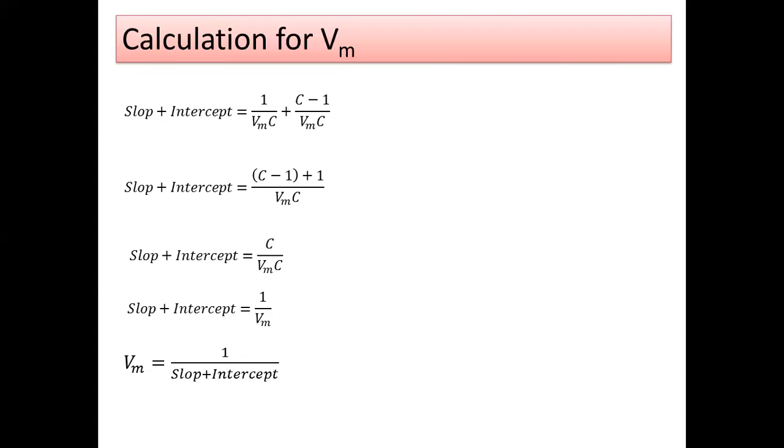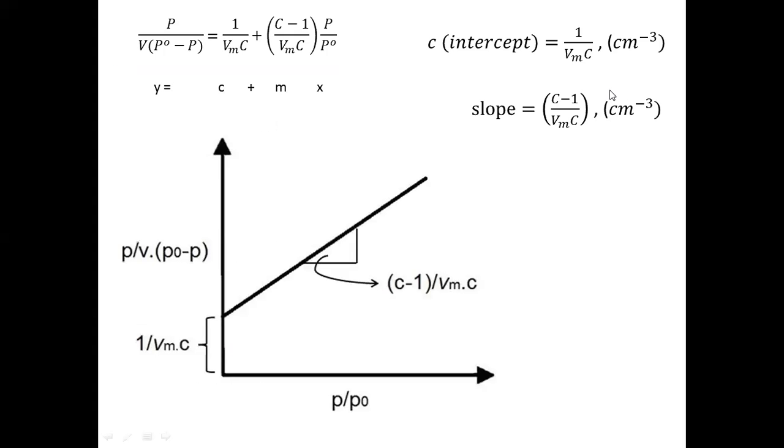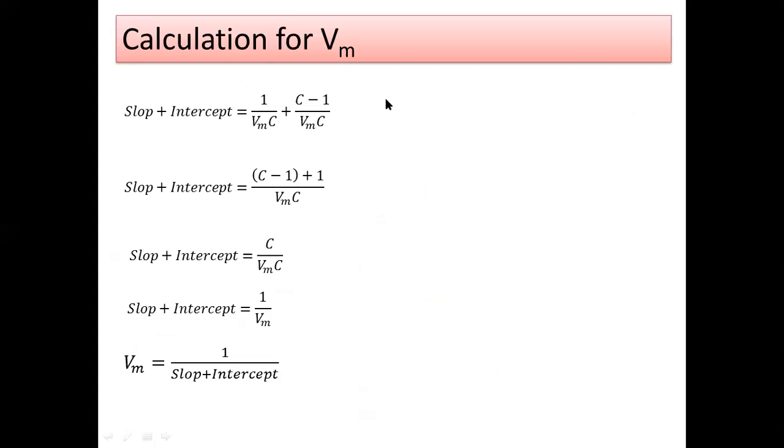We are not going to first put the value of C over here, then put the value of Vm over here, then calculate C, or take the reverse of this. This is a slope. First you have to put the value of C and then get the value of Vm. So that is going to be more complicated. So this is the simple calculation for the Vm.